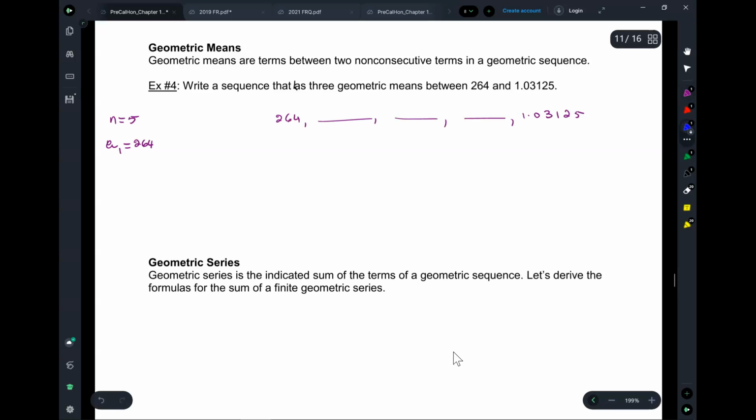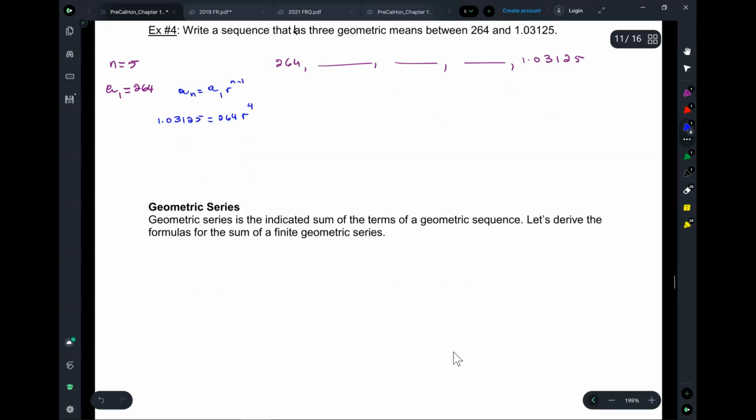So we know that A sub n is A1 r to the n minus 1. A sub n is the last one, right? It equals 264 r to the power of n minus 1, 4.